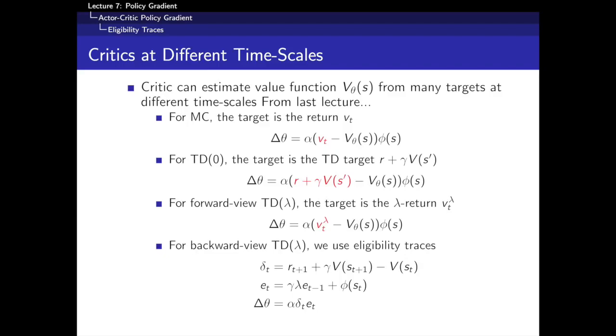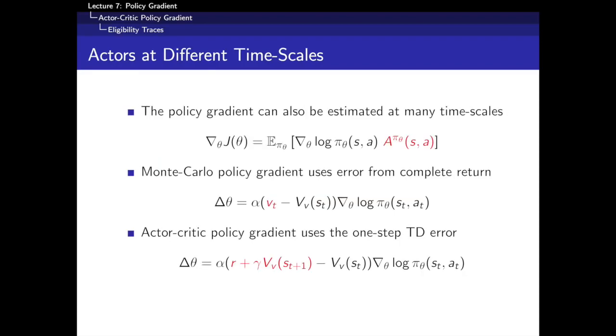You can make any of these the target for your updates. And then we also had this idea of eligibility traces, which basically gave a backward view that was equivalent to plugging in this lambda return in the forward view. So hopefully this is starting to become a little bit familiar. If it's not, then go back to the notes, because it's useful stuff, a key idea.